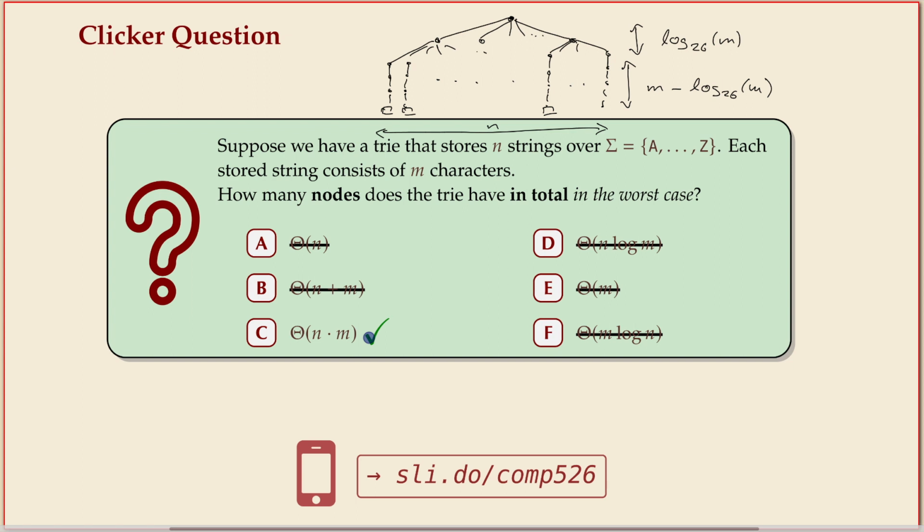So what does that mean? Is that good or bad? That depends a bit, but it kind of is annoying. In one way, it's not as bad as it could be, because n times m, that's the total length of all the strings. And arguably, we have to store the strings. So maybe it's inevitable to pay that space in this case. On the other hand, it feels very wasteful, especially this worst case.